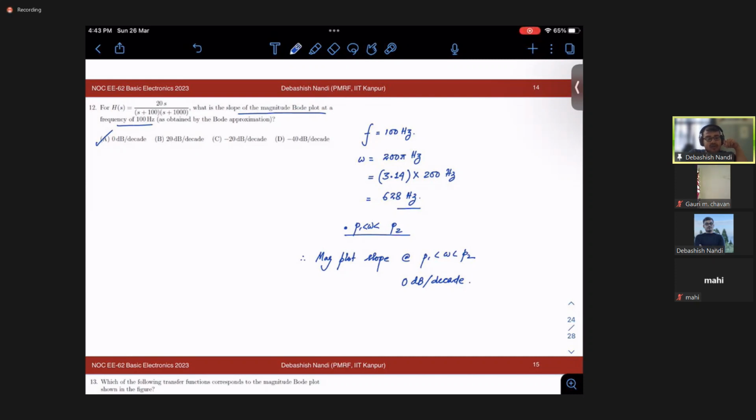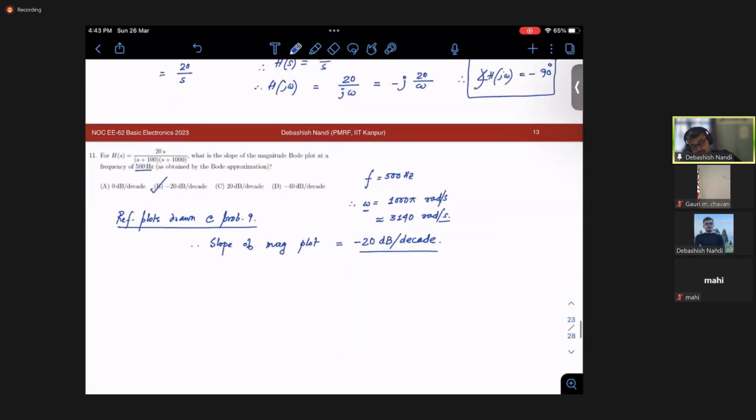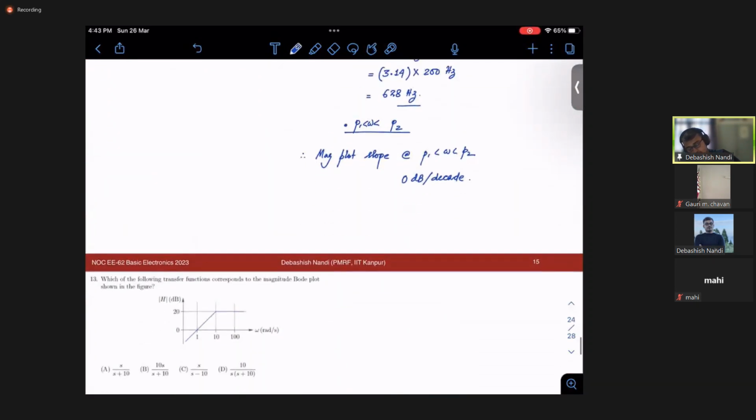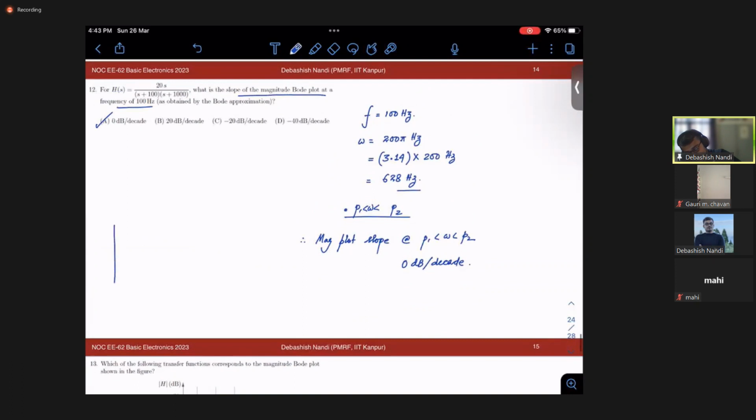You will say that you want your UGB. What is UGB, by the way? UGB is any point where the Bode plot crosses the 0 dB line, right? This is called UGB, unity gain bandwidth, because 0 dB means your gain is unity, log of 1, right?